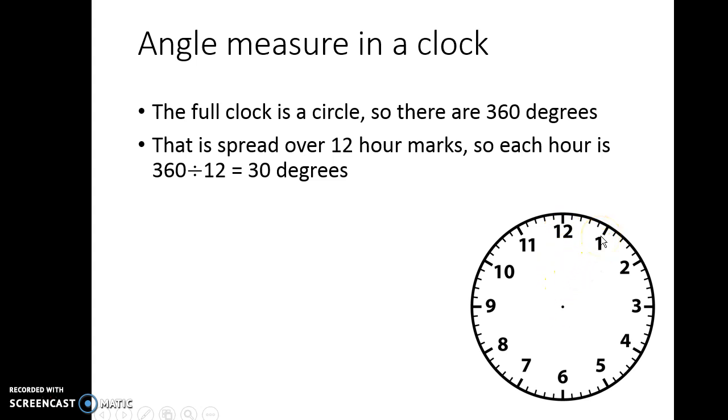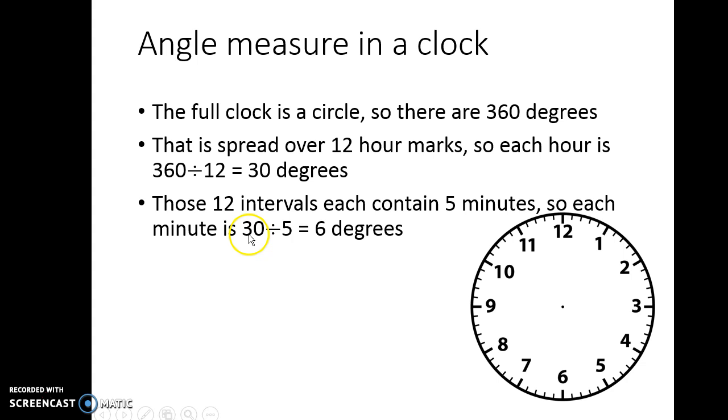What if we want to get even finer? What if we're going to get more precise? Well, each of those big blocks are divided up into these minute blocks. So we just said that from here to here is representing 30 degrees. There are 5 minutes in there. So how many degrees do you think correspond to each minute?